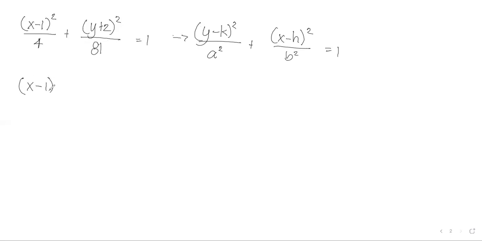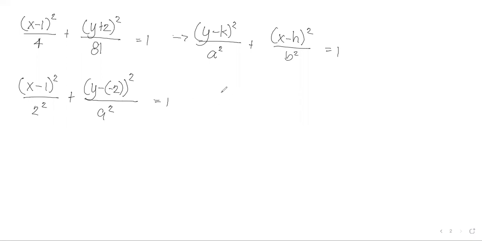So (x minus 1) quantity squared over 4, then plus (y plus 2), that's the same as y minus negative 2, kasi kailangan mo i-represent siya as y minus k. Negative times negative is positive, so double negatives make positive. Over 81. Or pwede na natin i-treat tong dalawang denominator as a square para malaman natin kung ano yung a and b. So this is 2 squared and this is 9 squared equal to 1.